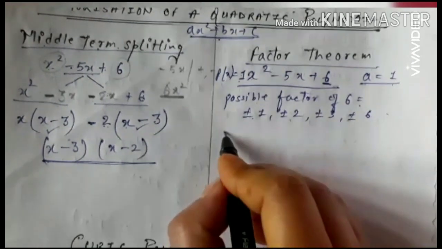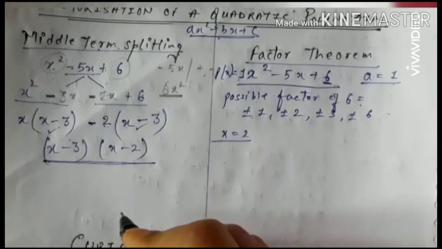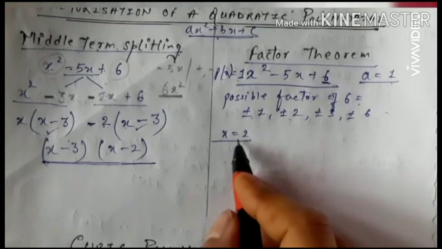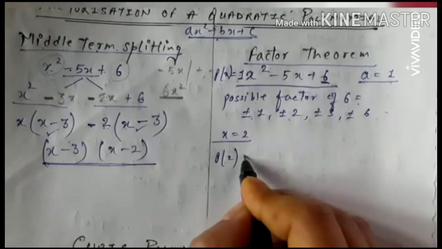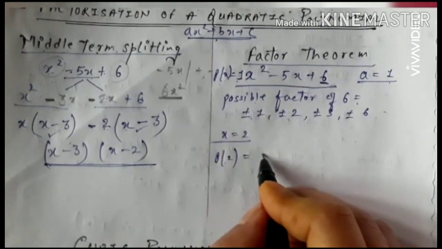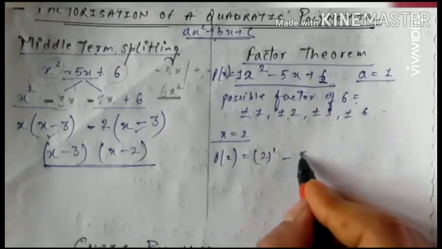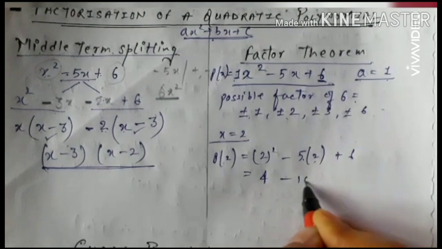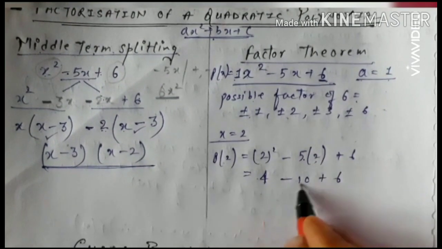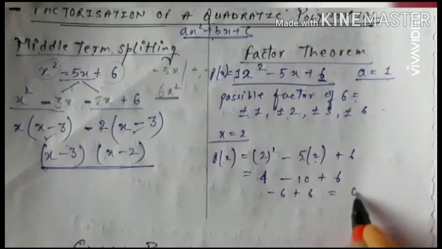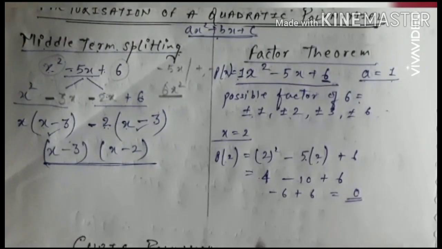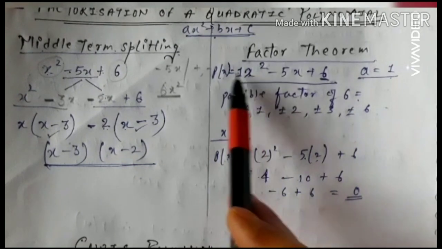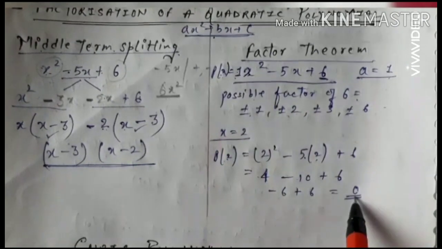So suppose x equal to 2. You can firstly take 1, but here I have taken 2. Put p(2): that is 2 square minus 5 into 2 plus 6. 2 2s are 4, 5 2s are 10, plus 6. These minus 6 and plus 6, and you are getting 0. That means on putting 2 in the polynomial p(x) we are getting 0.